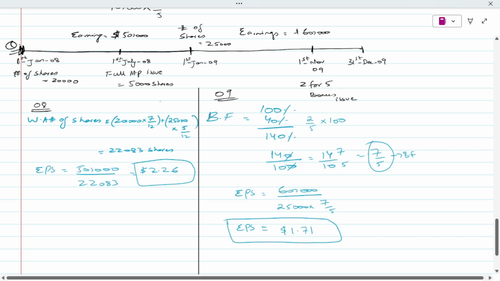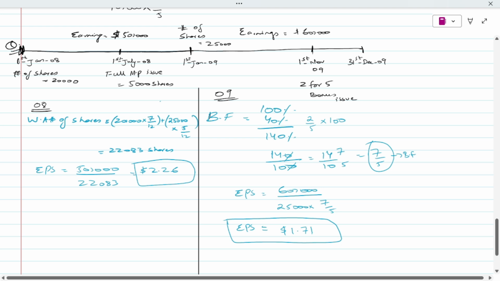He does not know why it is falling, but we do know that it is because of the bonus issue, right? So if we are the company, how do we communicate to the investors that this EPS that you see falling is not because of our bad performance? It is because of the bonus issue that we have made in 2009.